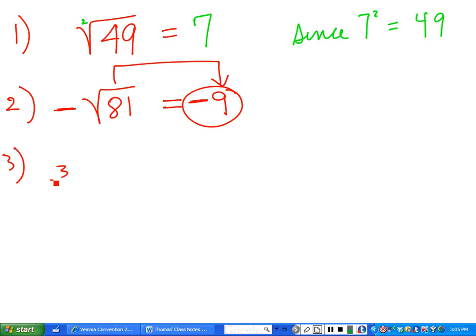Let's try the cube root of negative 125. Can we find a cube root of negative 125? Is there a number that multiplied times itself three times will give you negative 125? Can we find a cube root of a negative number?